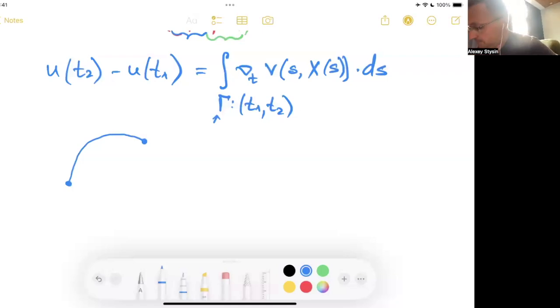How can we prove that? Well, let's consider the following cycle. First, we travel from t1 to t2 using the integral from t1 to t2, and then we just jump straight back using just a single step.